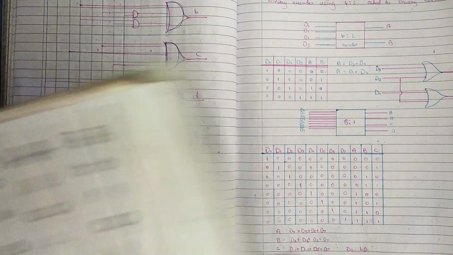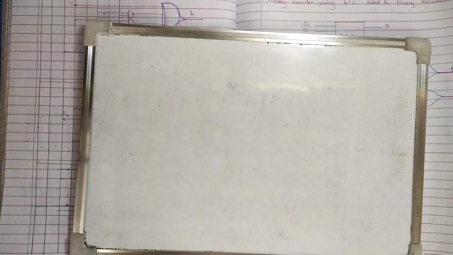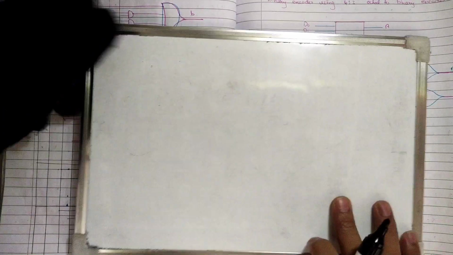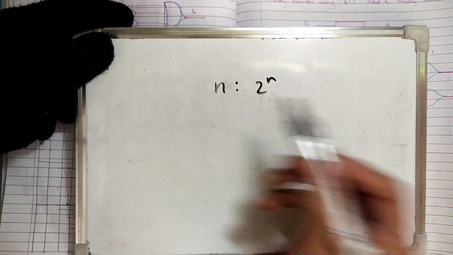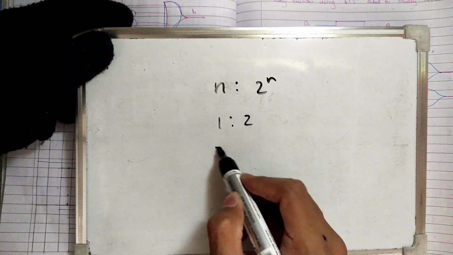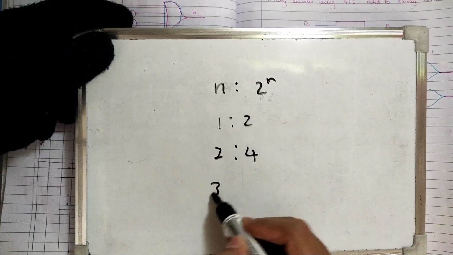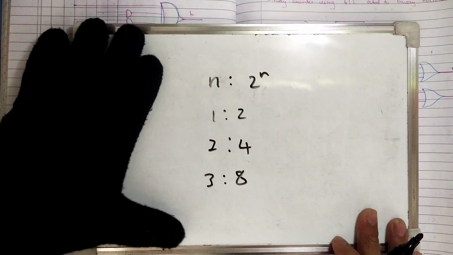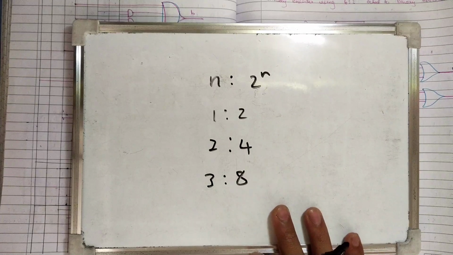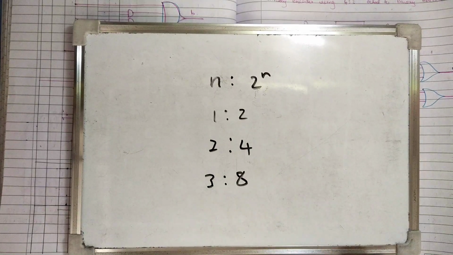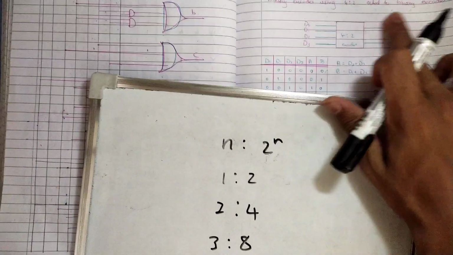Now moving to the binary decoder, just the reverse of this we have to write. See here, now we will be having n to 2 power n. So what we said, it will be either 1:2, 2:4 or 3:8. Now we have some important questions in decoder, like they will ask octal to binary decoder using 4:2.